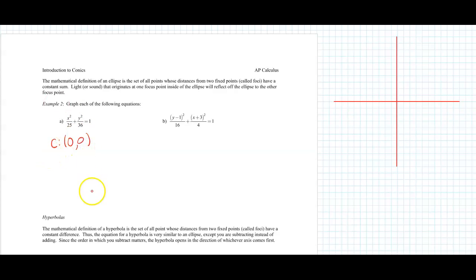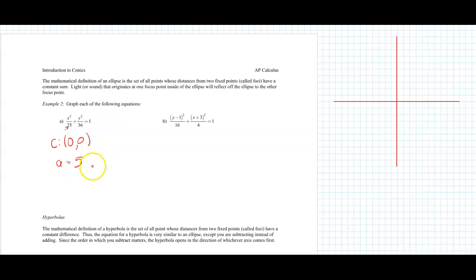Alright. Other than that, all I've got to do is figure out how much I'm stretching this horizontally and how much I'm stretching this vertically. Horizontal distance is going to be my x value, so my horizontal distance is going to be directly underneath my x term. So right underneath, my a squared in this particular case is 25, which means that a was 5.